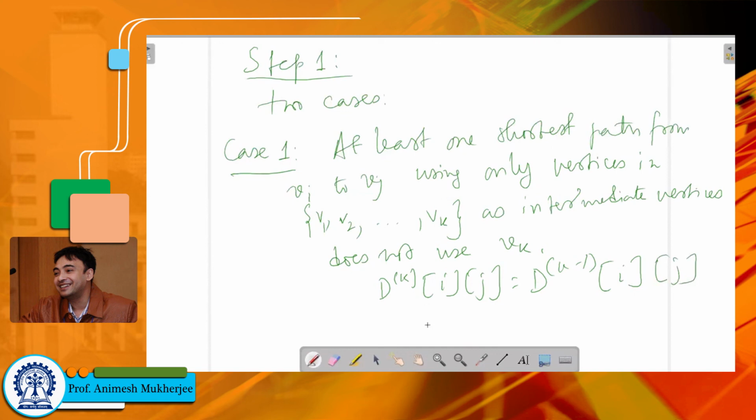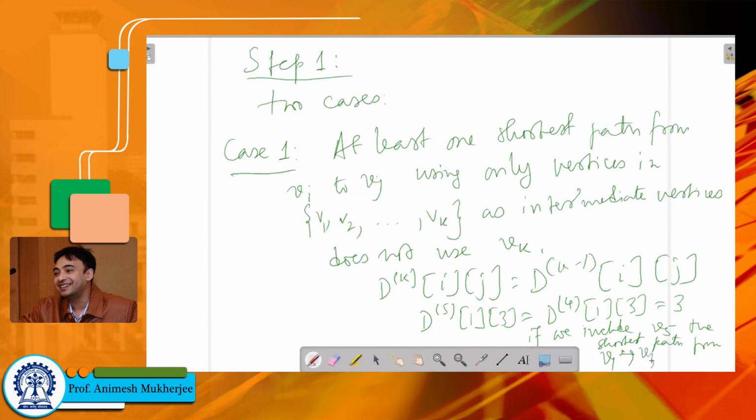So as an example, in the graph that we are using now as the use case, d^5_13 is equal to d^4_13, which is equal to 3, since if we include V5, I told you earlier also for some other examples, the shortest path from V1 to V3 still is V1, V4, V3, right?